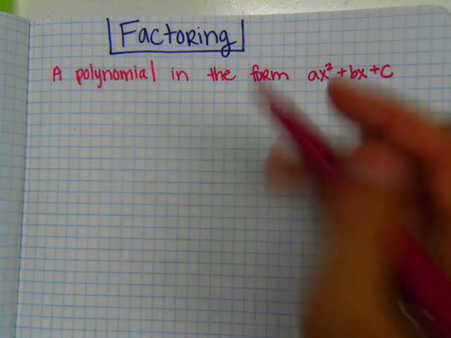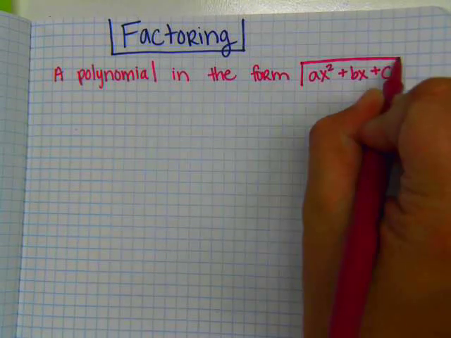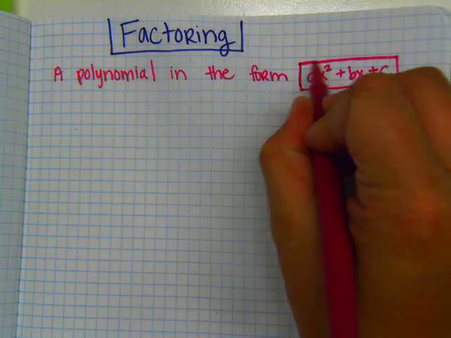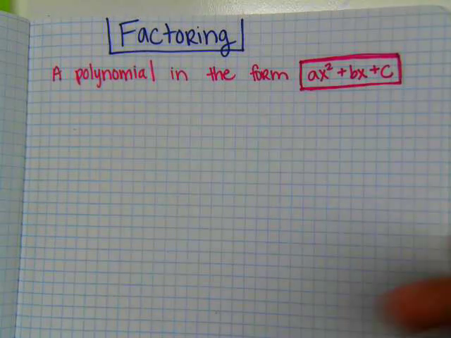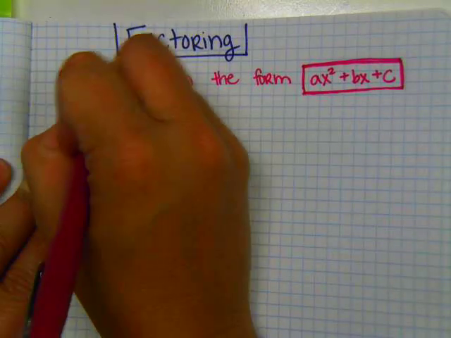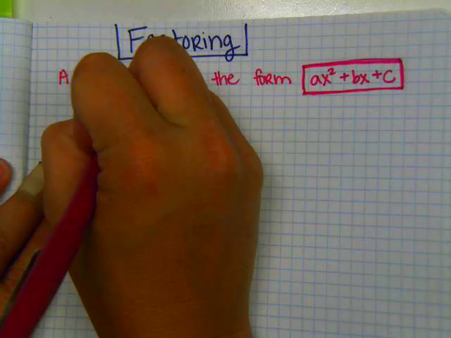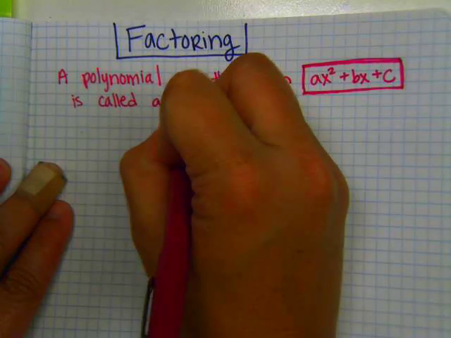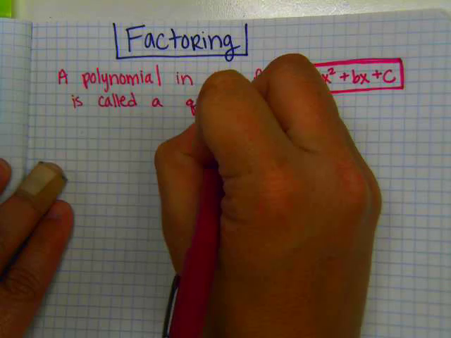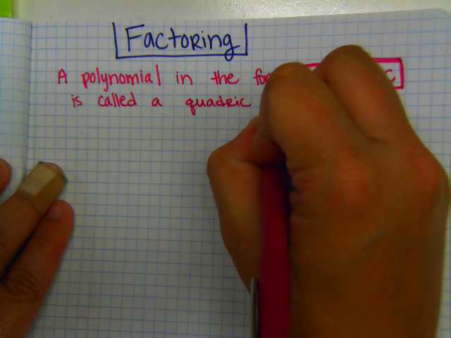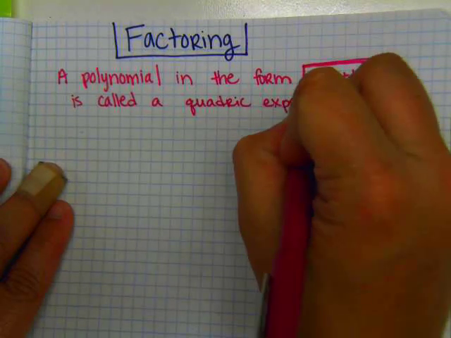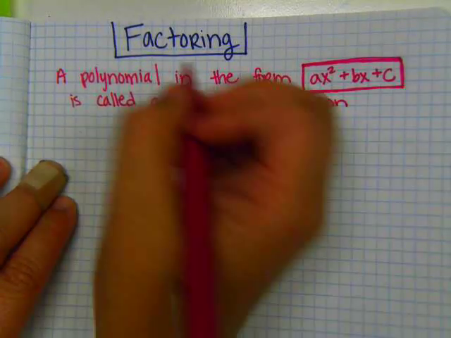Those are actually numbers, a and b being coefficients and c being a constant, which we're going to talk about those words again. That is called a quadratic expression. And that's written in standard form.